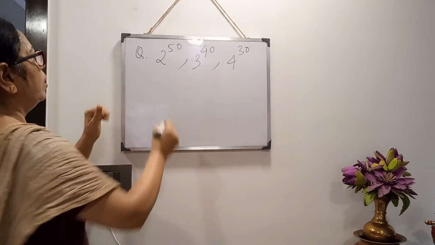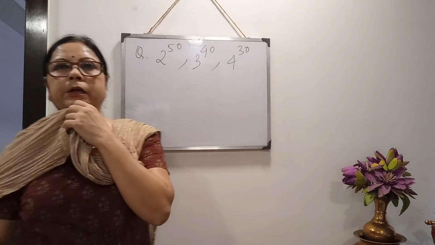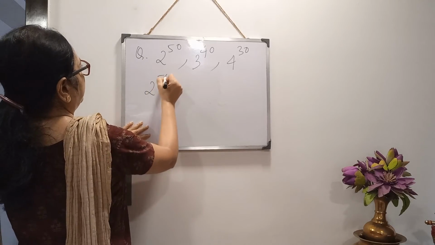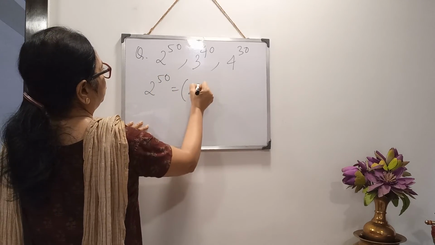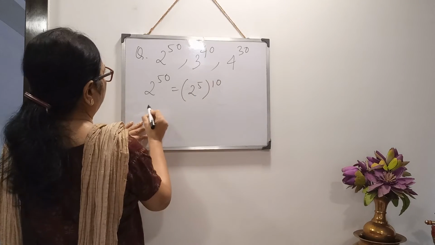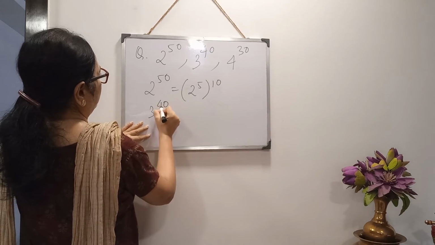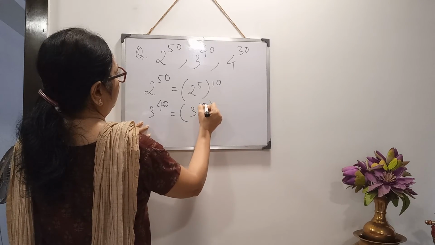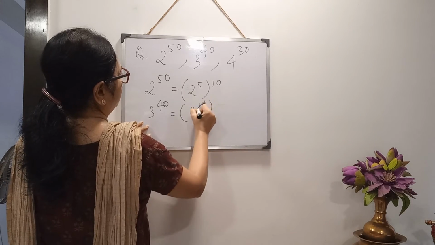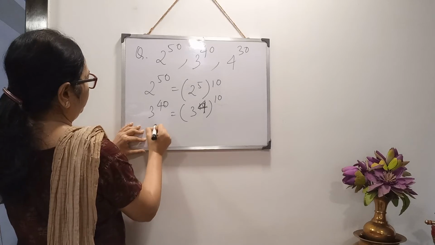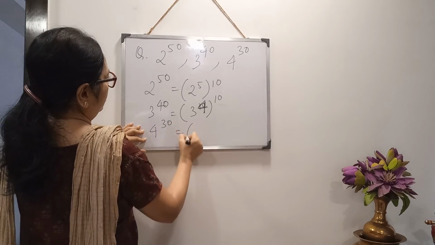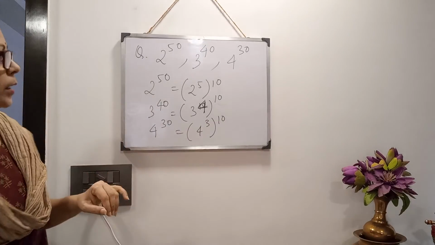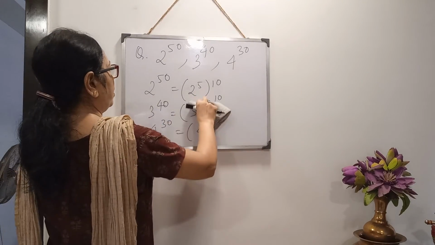All are multiples of 10. So 2 to the power 50 we can write as 2 to the power 5 into 10, 3 to the power 40 as 3 to the power 4 into 10, and 4 to the power 30 as 4 cube into 10.